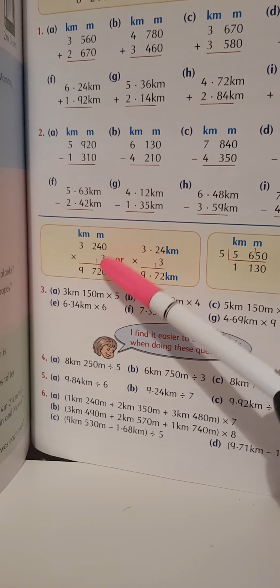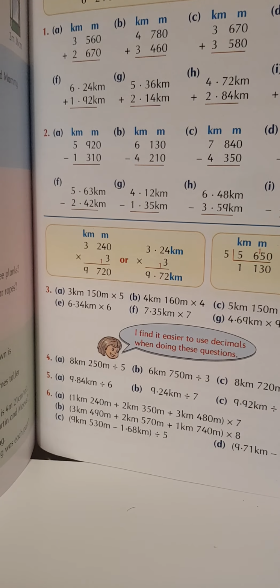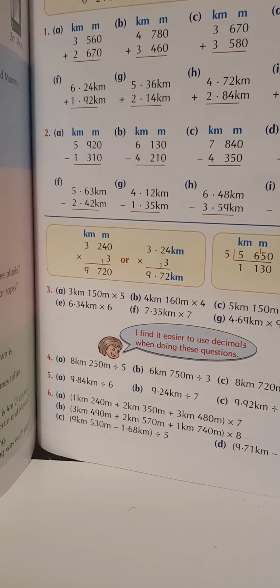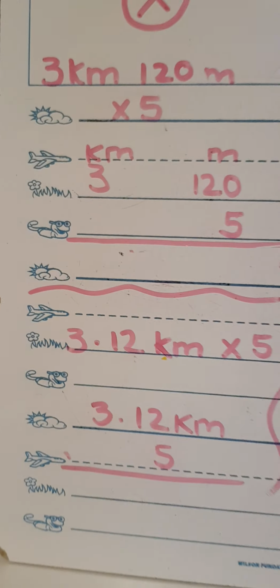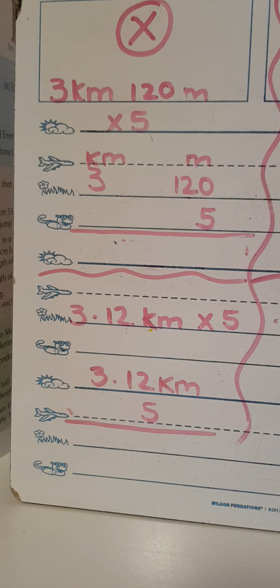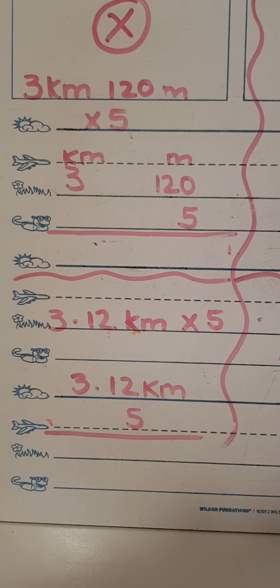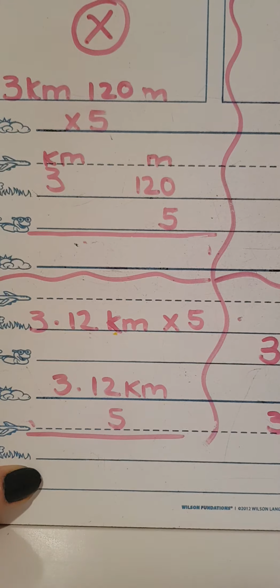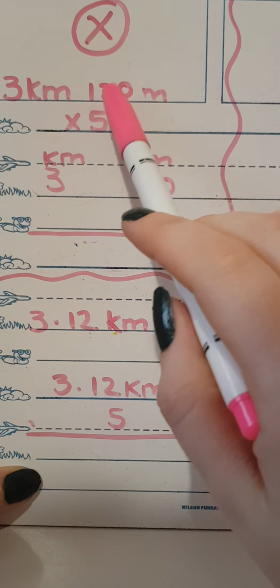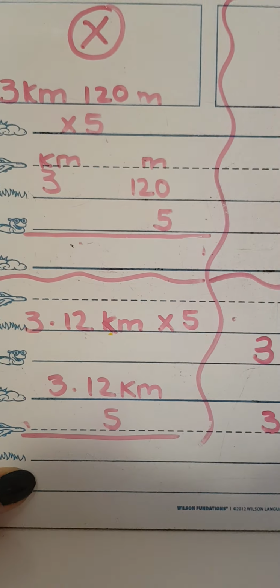Remember, there is an explanation up on the top for multiplication and division, but I'm going to show you on my board as well. So this is the two types that are in the multiplication version. I just wrote out 3 kilometers 120 meters multiplied by 5.